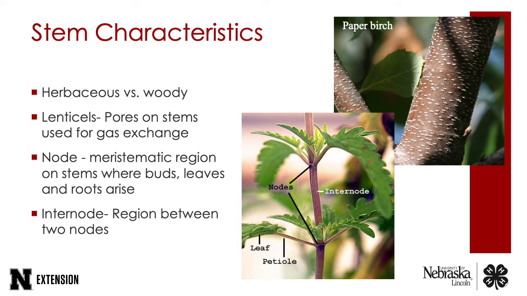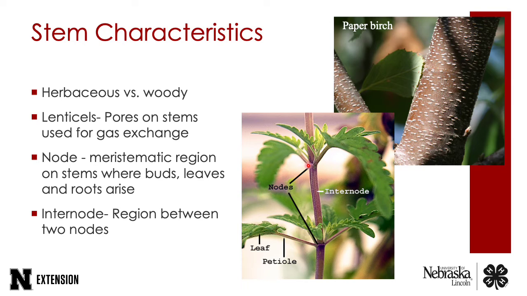Two more terms that we need to be familiar with, especially when we're talking about pruning, or if we're going to be getting into plant propagation, are the terms node and internode. In this picture, we have a plant stem which has leaves, and in the junction where the leaf stem, or I should call this a petiole, which is actually the correct term, attaches to the underlying stem, we have a new little shoot that is developing.